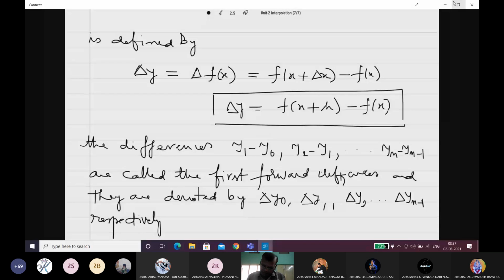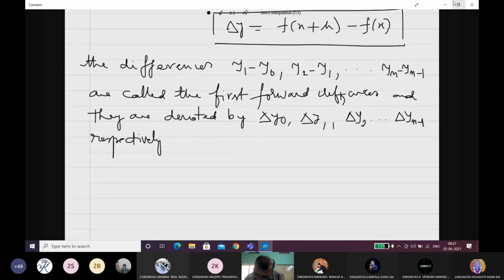We have to write it down clearly like this. This is very, very important.